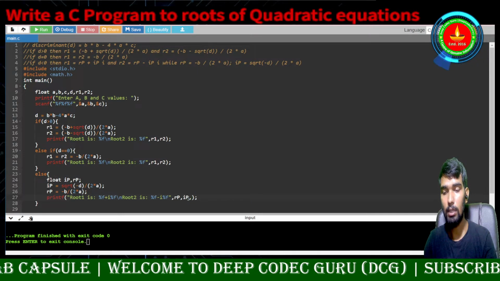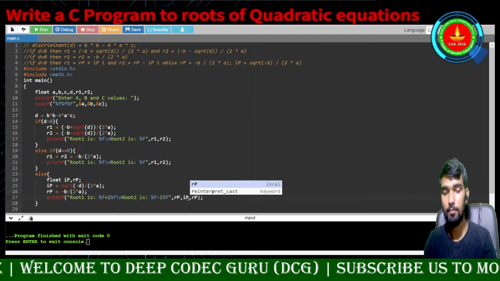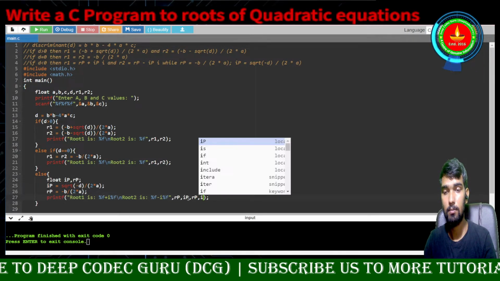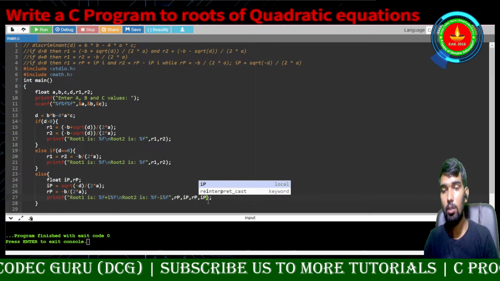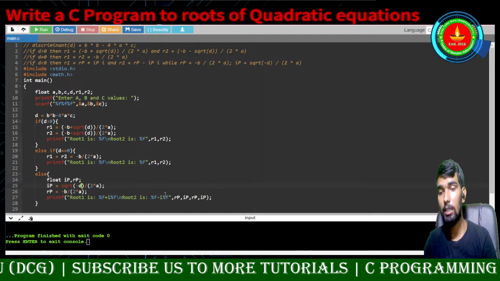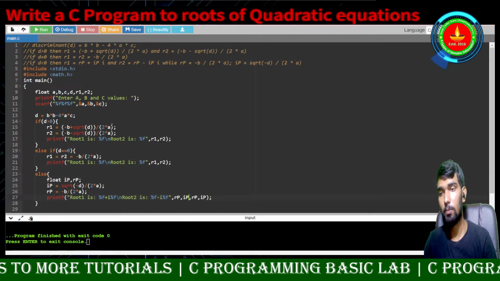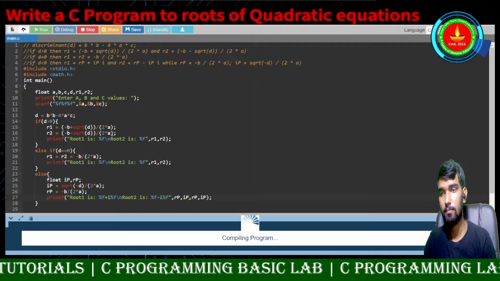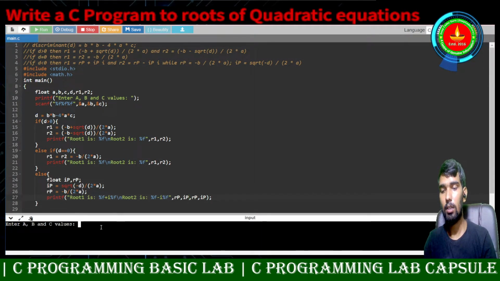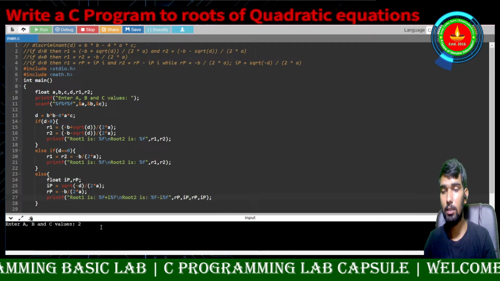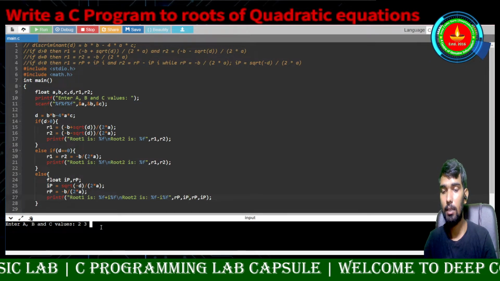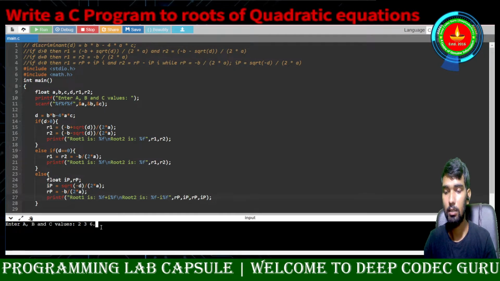Okay, so do that very carefully. So we have done this, and now let's print and see. What is the output going to be? Let us consider a value is 2, b value is 3, and c value is 6.28.